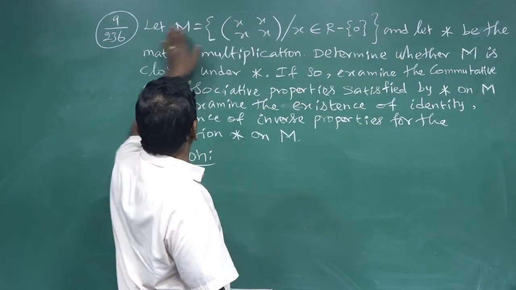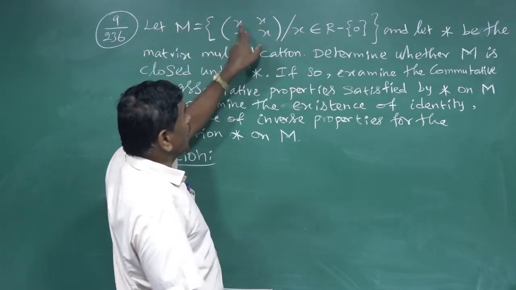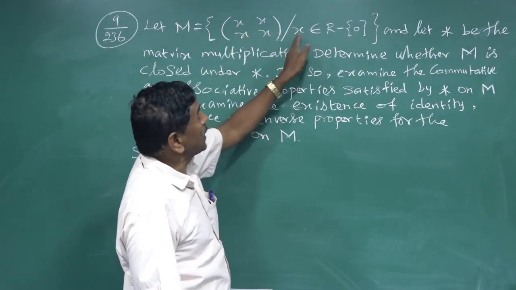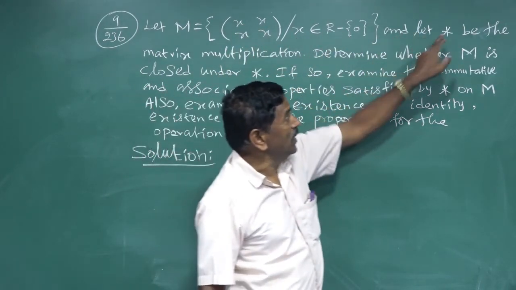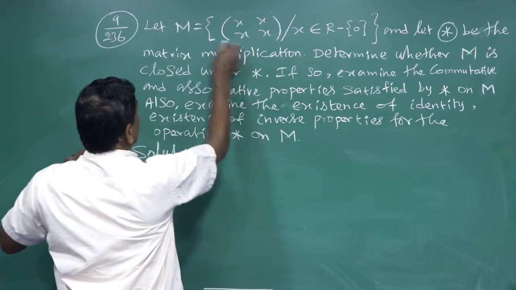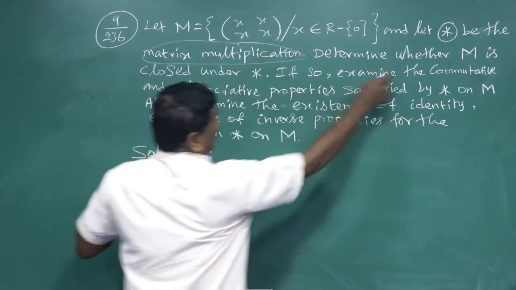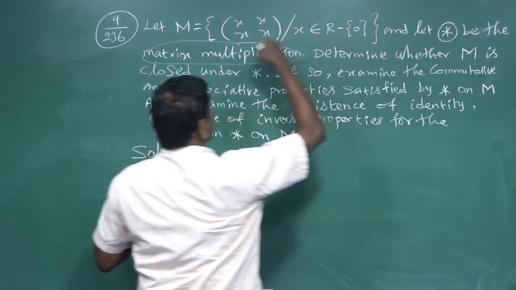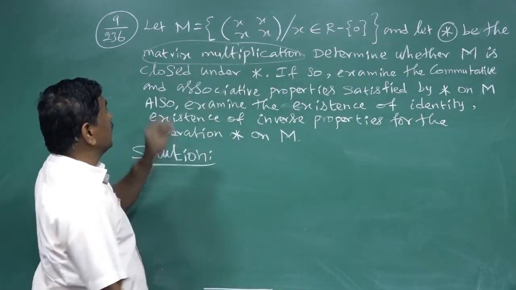Okay, next. Let M be a set whose elements are [x x; x x], such that x belongs to R minus 0, and let star be the matrix multiplication. Here the operation star is defined as matrix multiplication. Listen carefully.